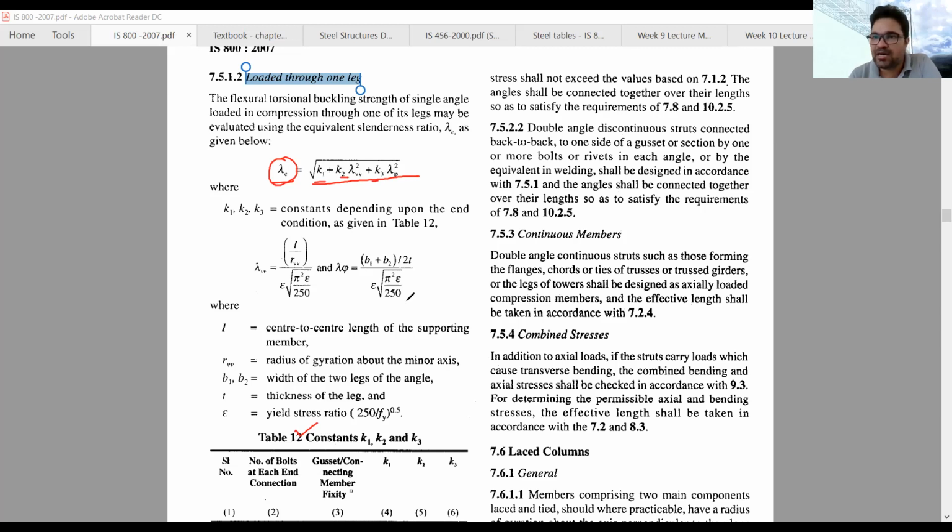All these things are considered to calculate the values of K1, K2 and K3. Two other parameters, lambda VV and lambda phi, are also calculated, and the formulas to calculate them are also given here. I will explain these formulas on the slide because I have provided them there also.